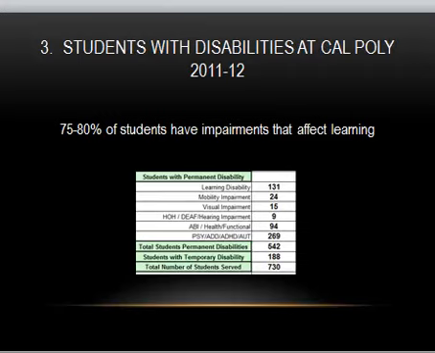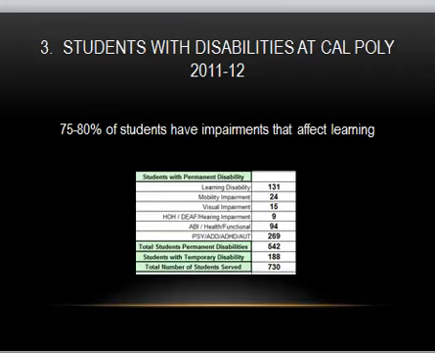These include categories such as a learning disability, a mobility impairment, a visual impairment, a hearing impairment, ABI health or functional impairment, psychological, ADD, ADHD, or autism spectrum disorder.